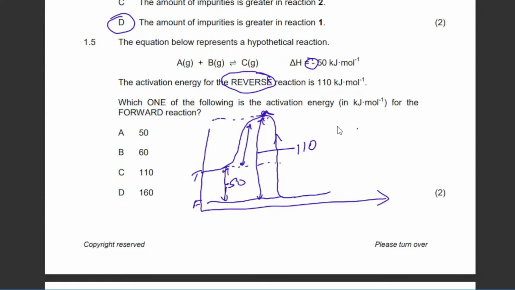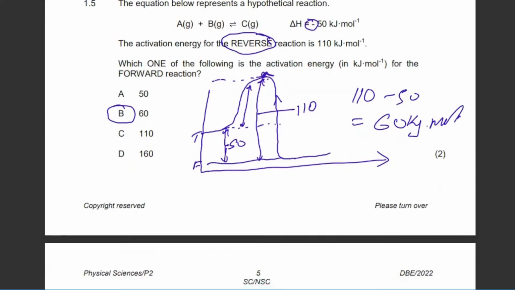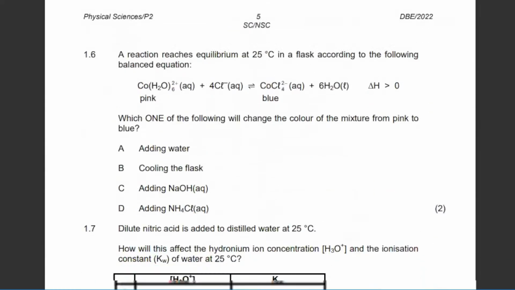So 110 minus 50, what is the remaining balance? The answer becomes 60 kilojoules per mole. So I come here and I look for that 60. So it becomes B. That is the activation energy for the forward reaction.